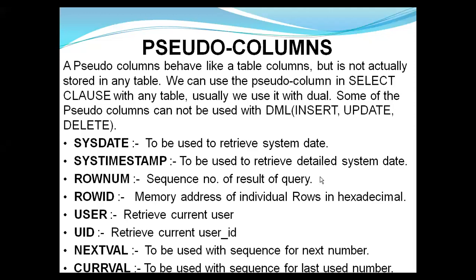rownum. Rownum is a pseudo column which provides a sequential number to the selected rows. Rownum provides a sequential number to the selected rows. Let's understand here.